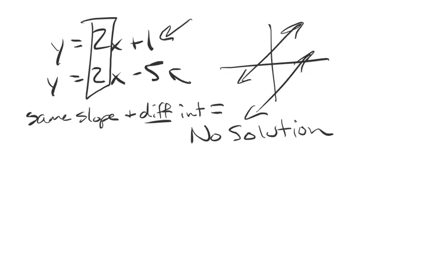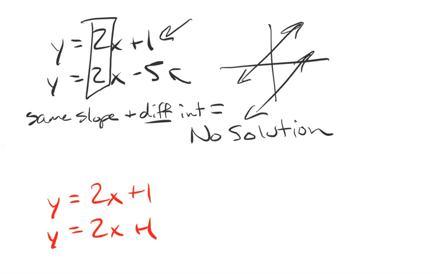And this is after we get it into y equals mx plus b, right? The equations have to be in y equals mx plus b for us to tell this. Now, if we have two equations, let's say y equals 2x plus 1, and then we do some rearranging to the second one, and it ends up being the exact same thing.